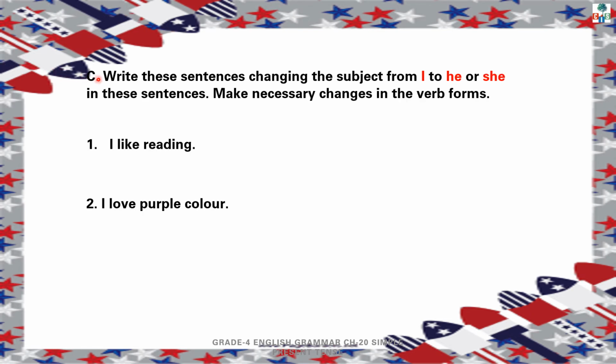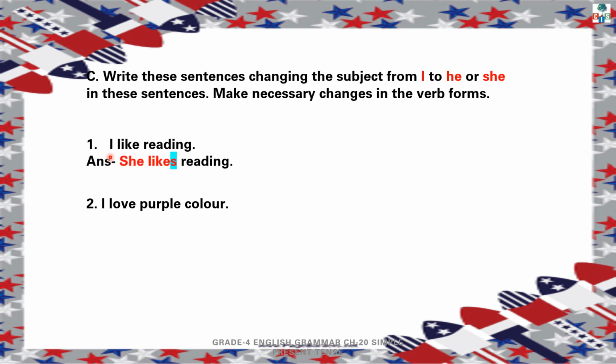Exercise C. Write these sentences changing the subject from I to he or she. Make necessary changes in the verb forms. Number 1, I like reading. Now here in this sentence, children, the subject is I, and you have to change this subject to he or she.